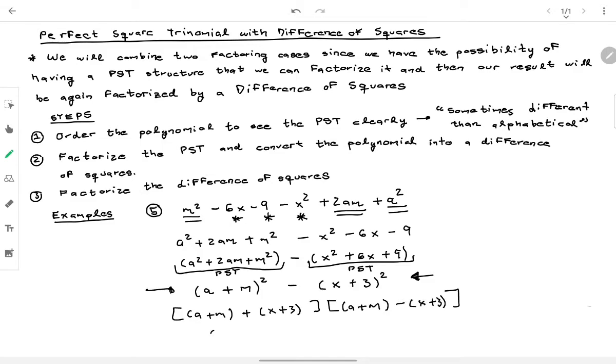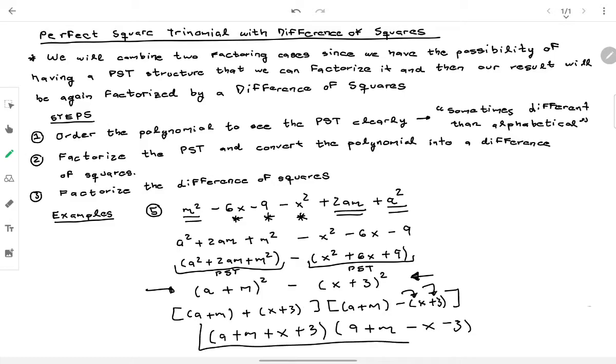So we will get something like a plus m plus x plus 3. And in the other parentheses, we will get a plus m minus x minus 3. Remember, this minus sign will change the sign of both terms. It's correctly ordered, so that's going to be our answer for this specific exercise.